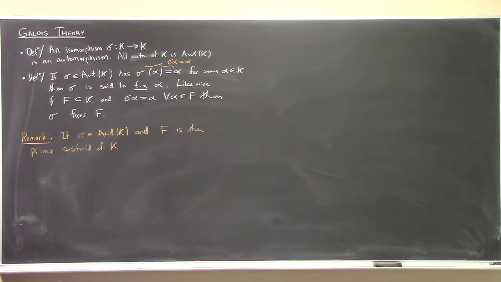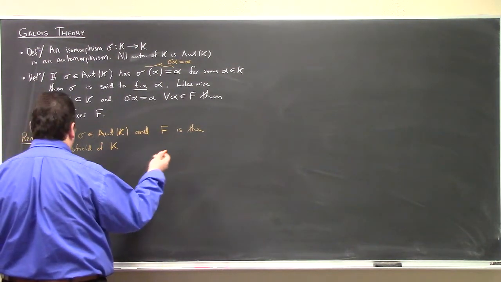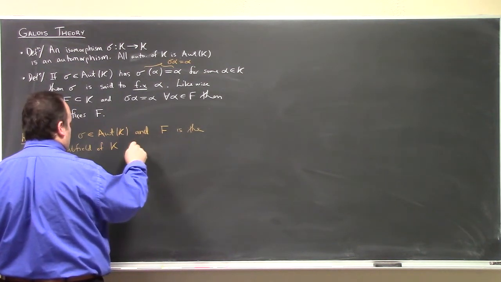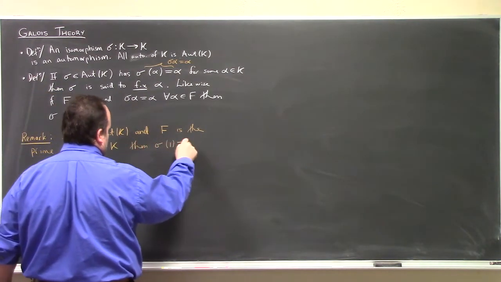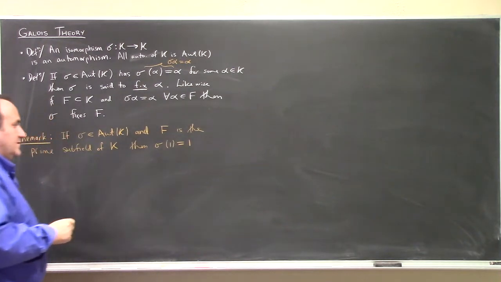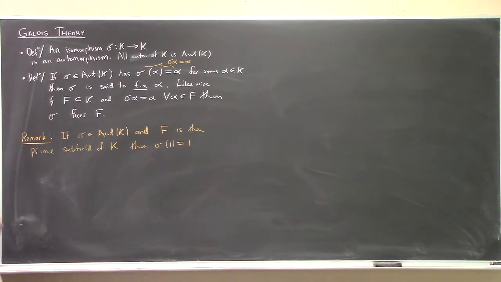is F fixed by an automorphism? Well, by definition, sigma of 1 equals 1. But also, what can we do with 1? We can add it repeatedly or subtract it repeatedly. We can build the integers or the integers mod p, right? And then you can look at the field of fractions of that. That's also a subset of the field, right?